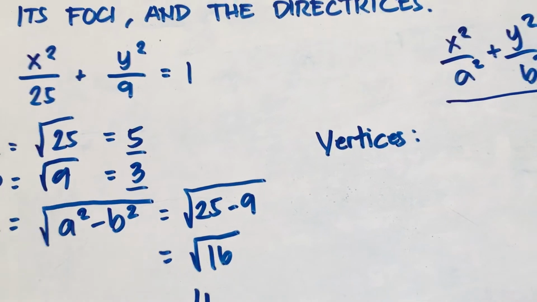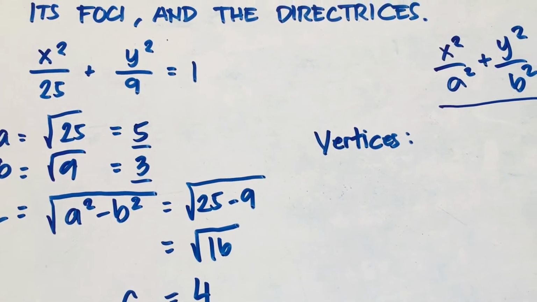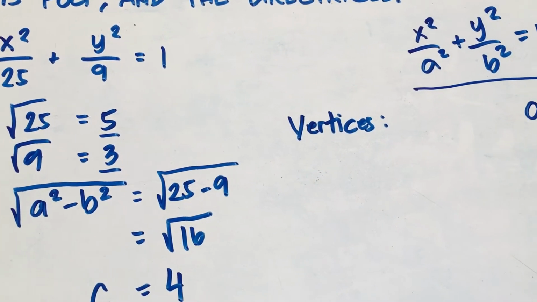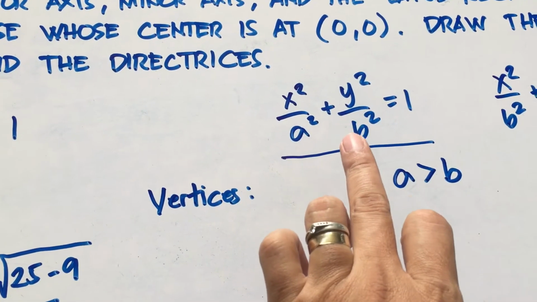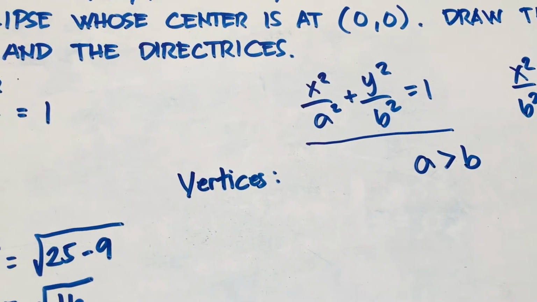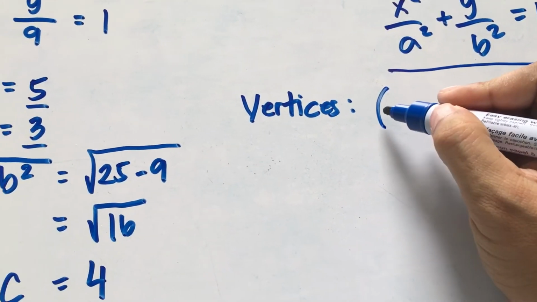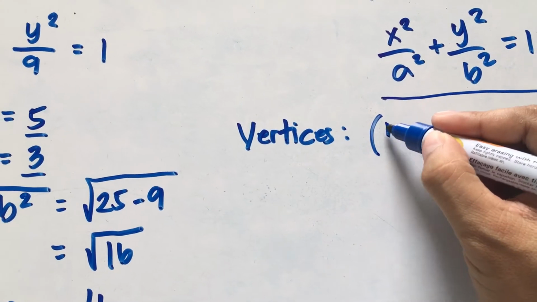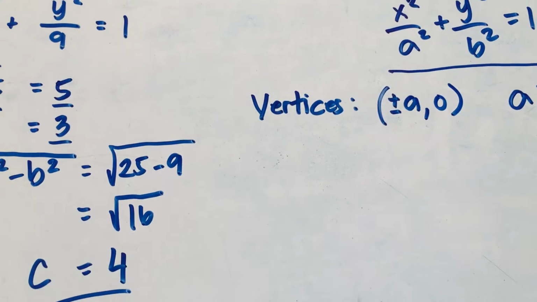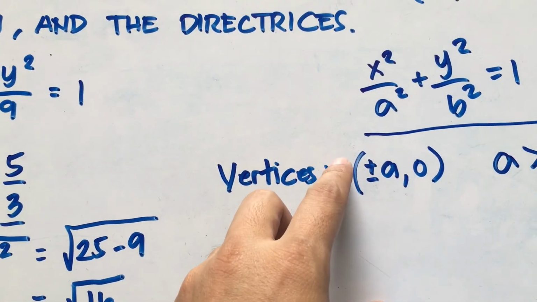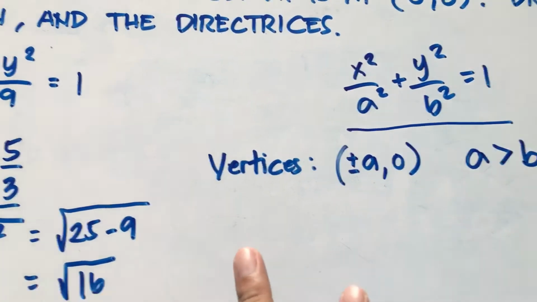If you observe, based on your notes, the formula to find the vertices of this given equation, x squared over a squared plus y squared over b squared is equal to 1, you can look at your notes. The formula to solve for the vertices is plus and minus a, 0. So it's a positive and a negative number. We can have 2 vertices.